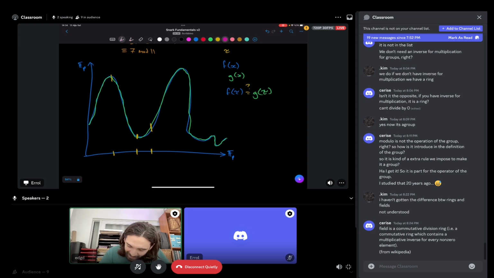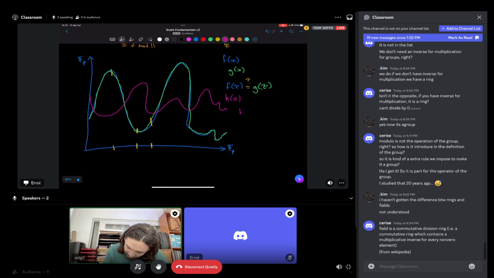But what if you have another function, h of x, that's not the same as f and g? What will its graph look like? We don't know exactly, but it will maybe do this. So if we now do the same random check, h of tau equals f of tau, will we get the same value?